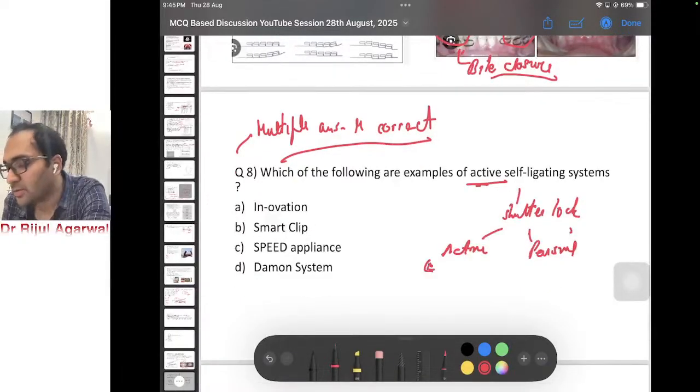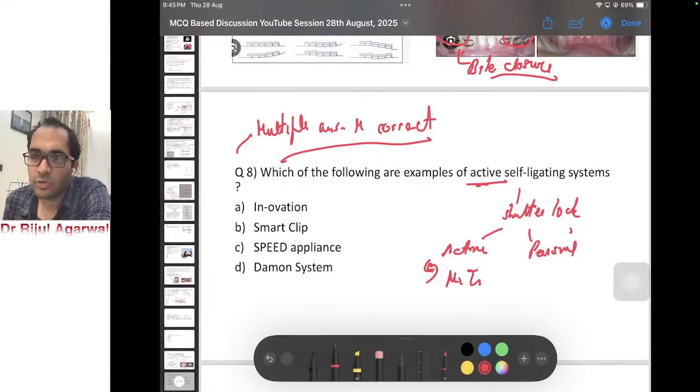In active self-ligating, the shutter lock will be made of nickel titanium so that it can exert active force inside, whereas in passive, the shutter lock will be made of stainless steel.